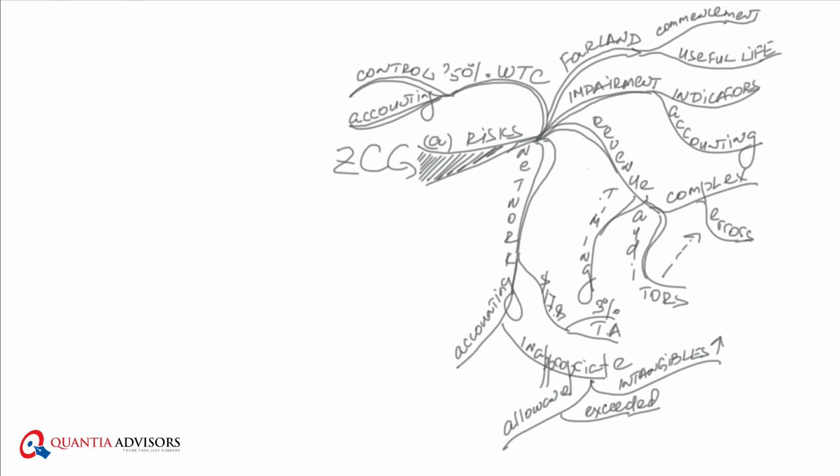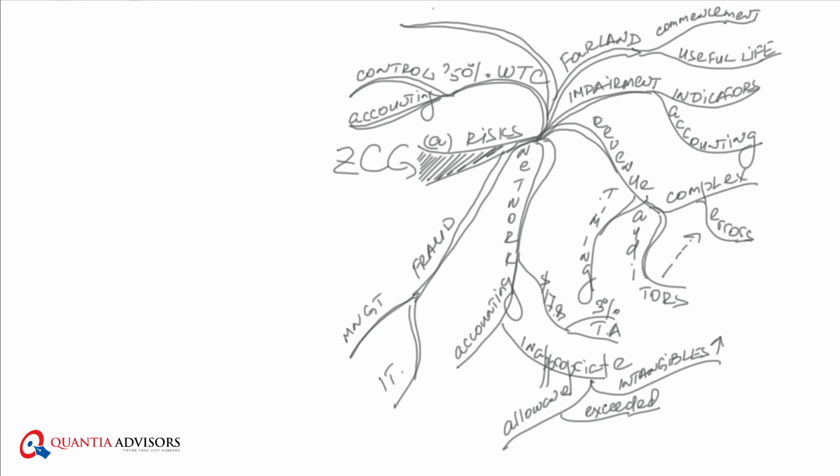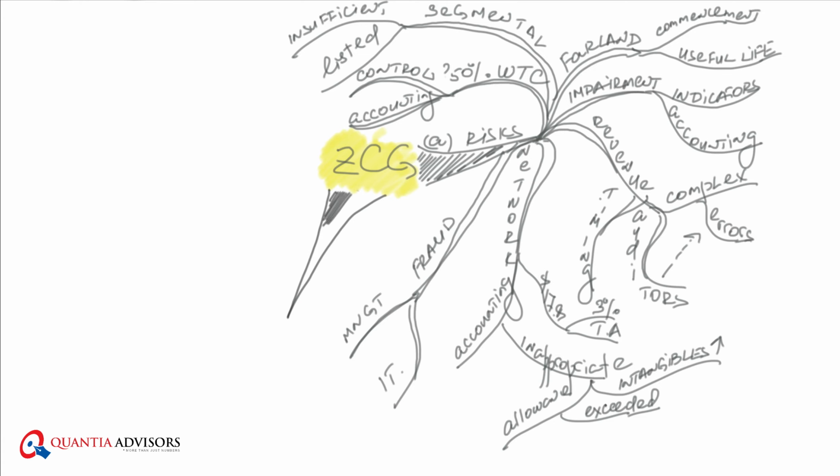As I mentioned earlier, you don't really need to make your mind map beautiful. All you need is to make it concise and easy to follow. So once we are finished with part A, I'm going to insert another branch here in a moment, to make sure that I have 7 risks.